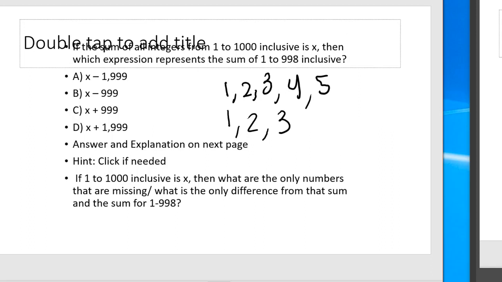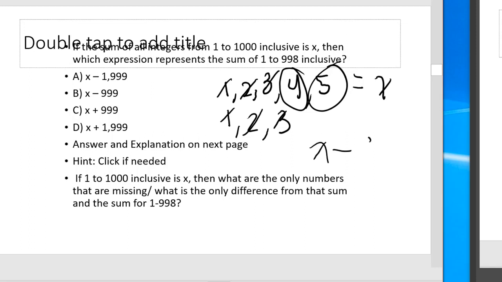There's only 4 and 5, and that's going to give me x minus 9, because we're going from a bigger number to a smaller number, right? So 1, 2, 3 cancels out, and I have these two left. This big one is equal to x. The smaller one, I don't know, but I do know that it's 9 less than the bigger one.